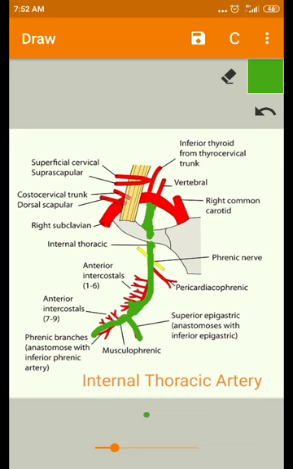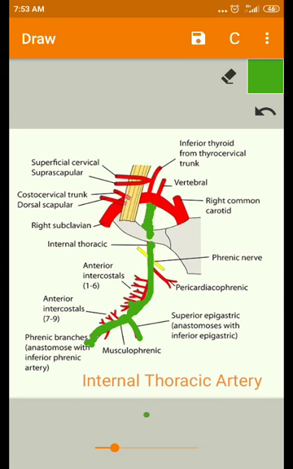After that, the branch of the internal thoracic artery, that is the musculophrenic artery, will give anterior intercostal arteries, a pair in each space up to the ninth intercostal space. From the 7th to 9th, this musculophrenic artery gives them.